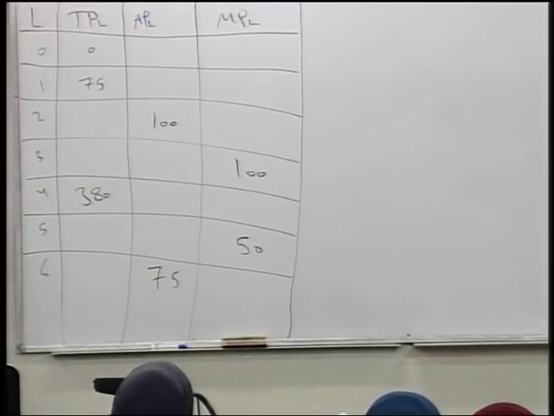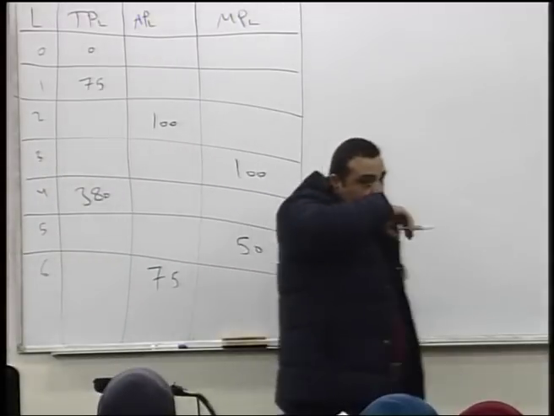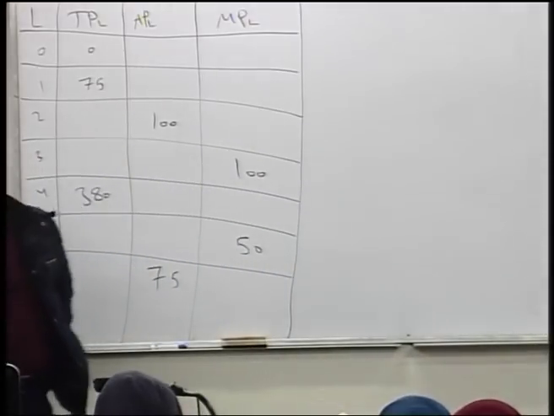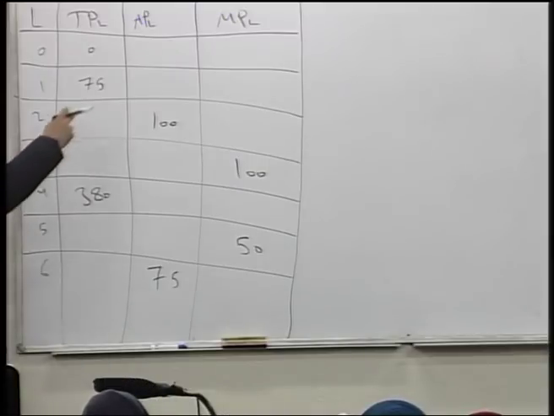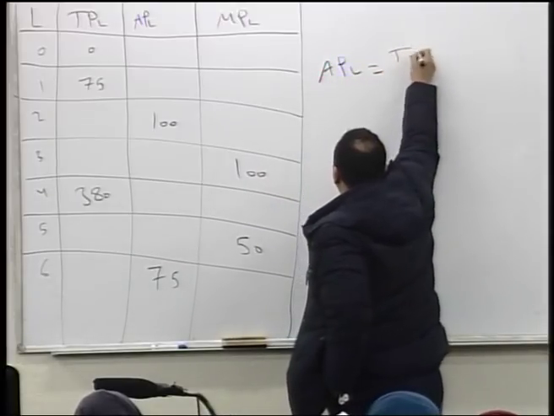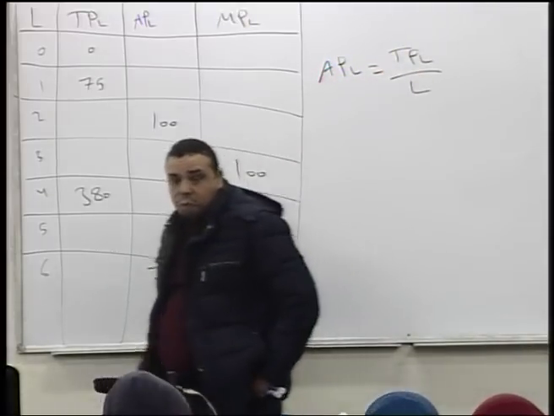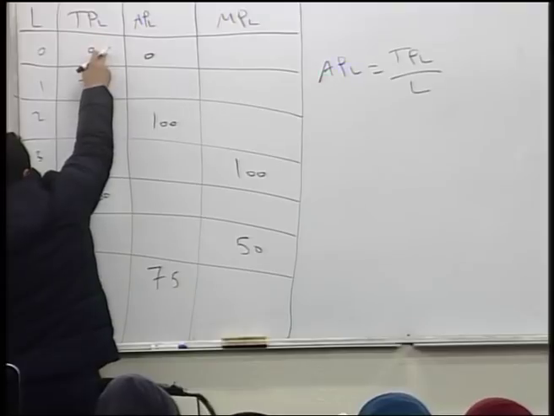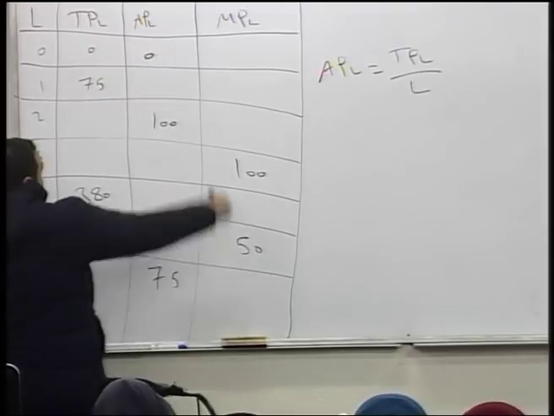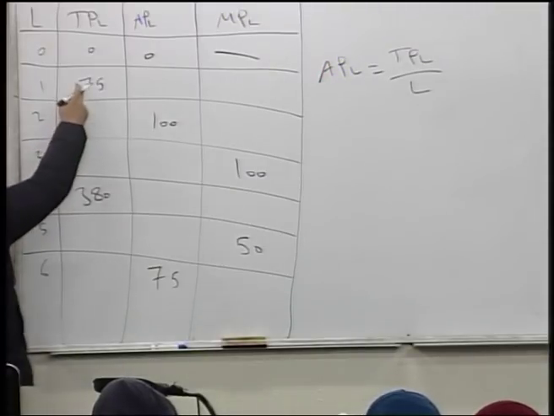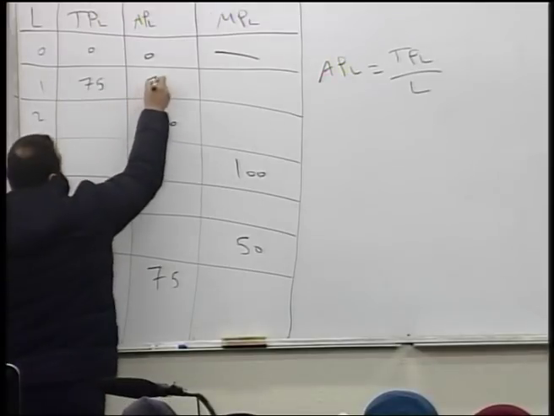Let's complete the table here. Average production labor, or APL, equals total production labor over L. APL is 0, because when total production labor equals 0, APL equals 0. Then 75 over 1, 75.